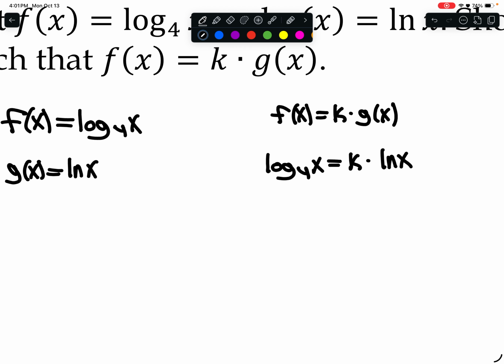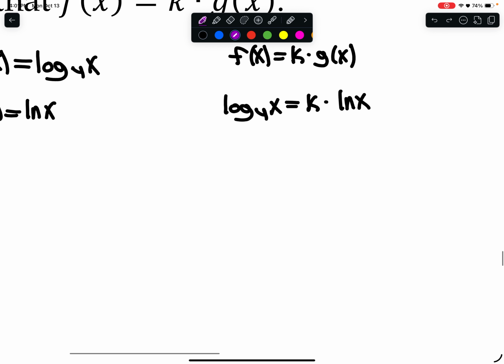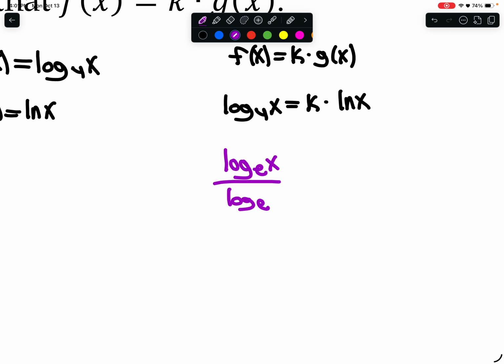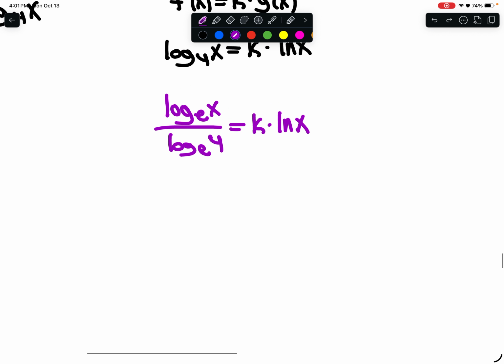So remember, I want to get rid of natural log of x, so I need the left side to have the same base. So that means I need a logarithm with a base of e, since we're dealing with a natural log. So I want log base e of x over log base e of 4 equals k times natural log of x. Now, if I have a log base e, that's the same as writing a natural log.